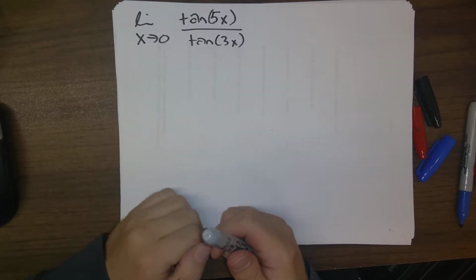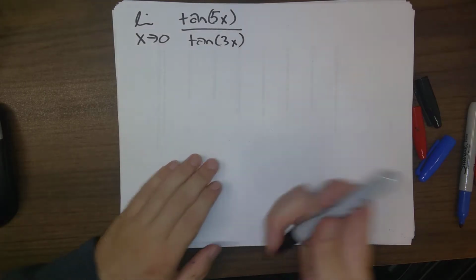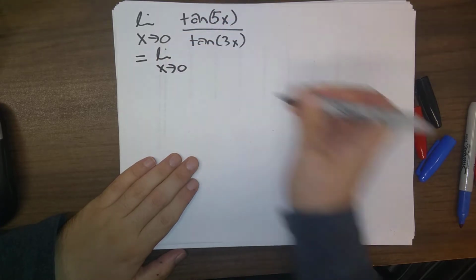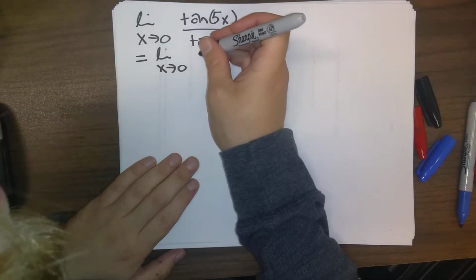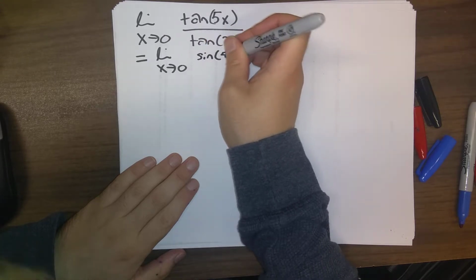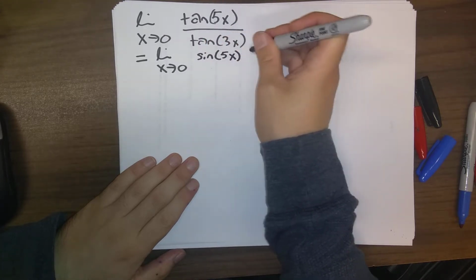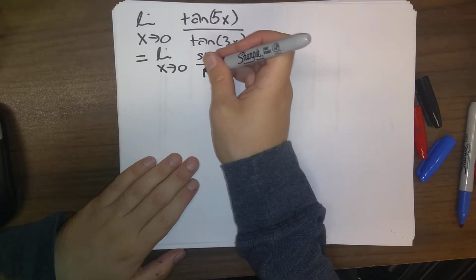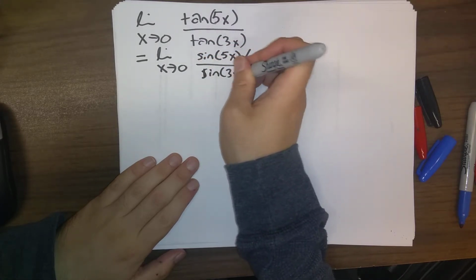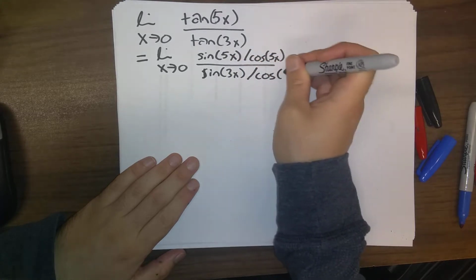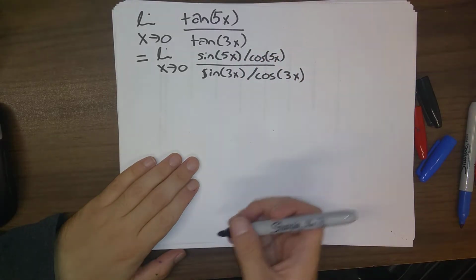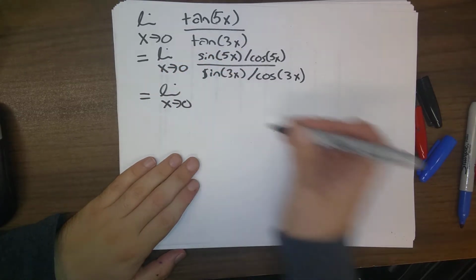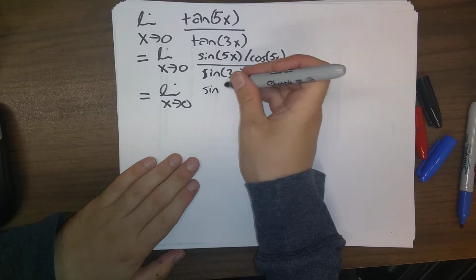We have tangents, so that suggests that we should rewrite this in terms of sines and cosines. So tangent of 5x is sine of 5x over cosine of 5x. Tangent of 3x is sine of 3x over cosine of 3x. And let's rearrange this just a bit to put the sines in one place.